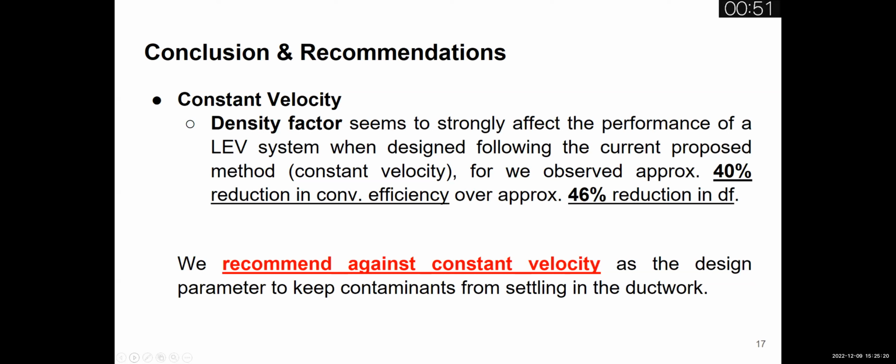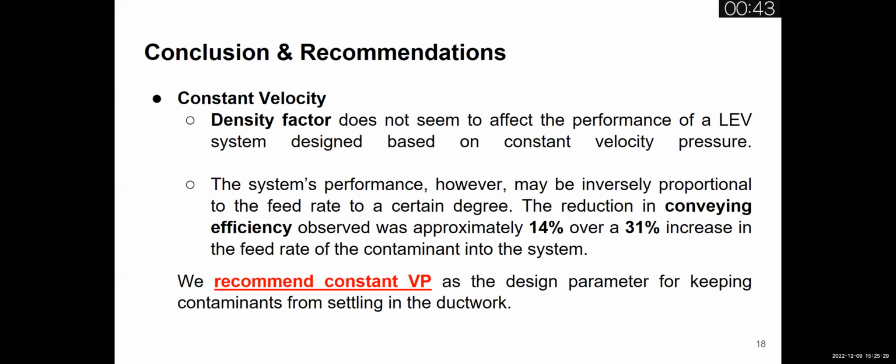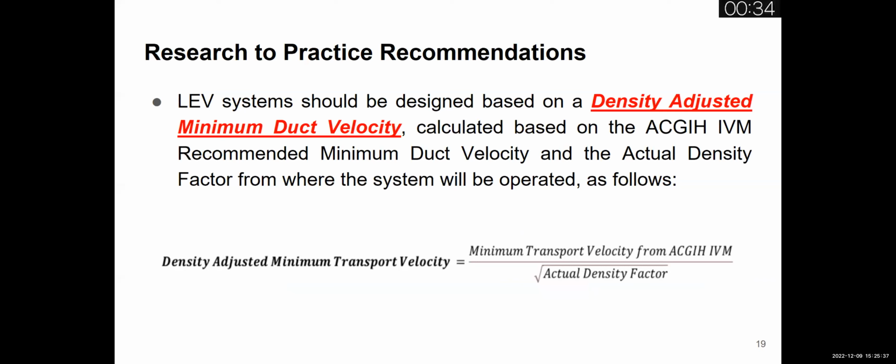We recommend against constant velocity as the design parameter to keep the contaminants from settling into the ductwork. We recommend velocity pressure as the design parameter to keep contaminants from settling in the ductwork. So the LEV system should be designed based on a density adjusted minimum duct velocity.